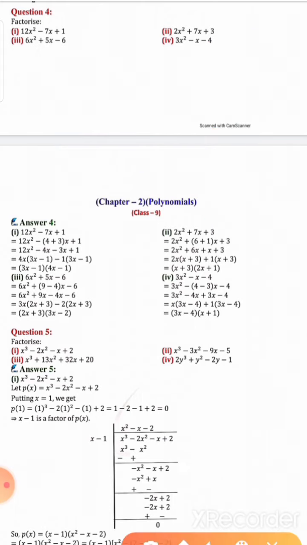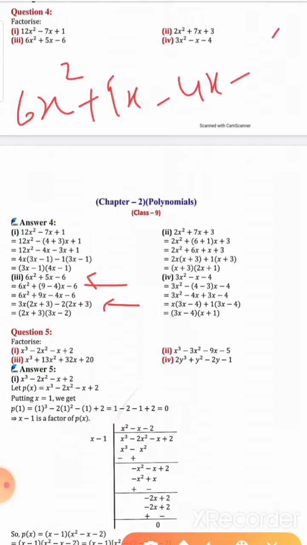Substituting this value in the step, we write 6x square plus, in the bracket, 9 minus 4 into x, minus 6. Multiplying the bracket, we get the step 6x square plus 9x minus 4x minus 6. Again making a pair, these two terms with one pair and the rest two terms with another pair. In the first pair we take 3 and 3 into x common.